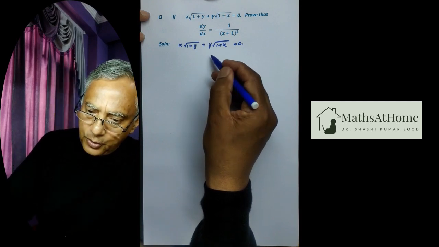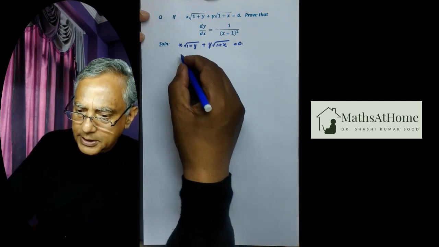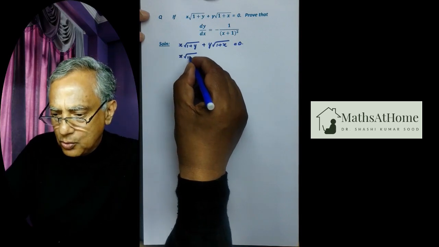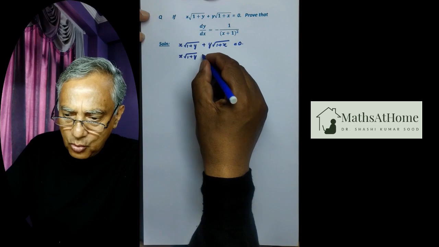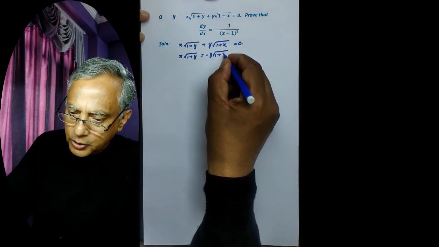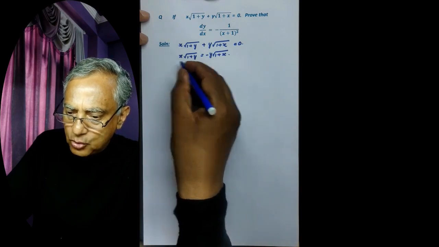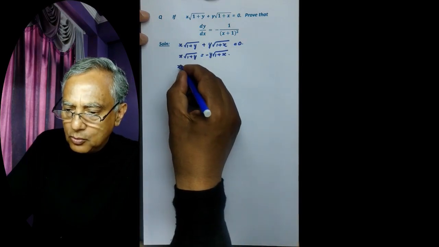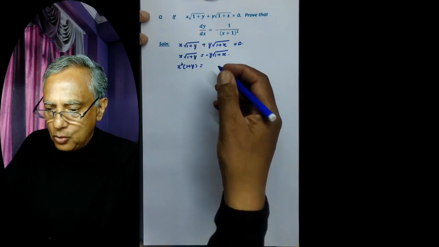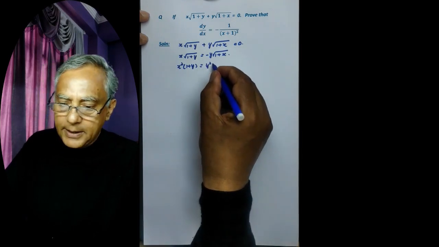As we did in the previous example, we will carry out the simplification of this equation first and then differentiate it. It is generally shorter. So what we do is we write this equation as x root of 1 plus y is equal to minus y root of 1 plus x. Square both sides. What we get is x square into 1 plus y is equal to y square into 1 plus x.